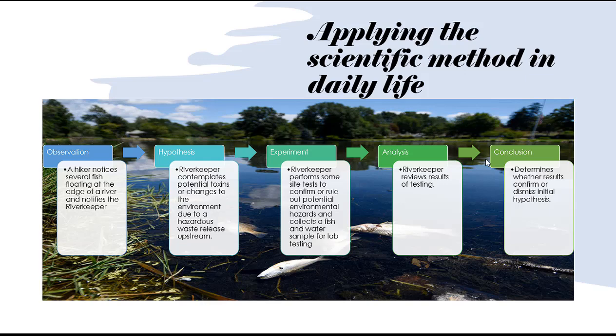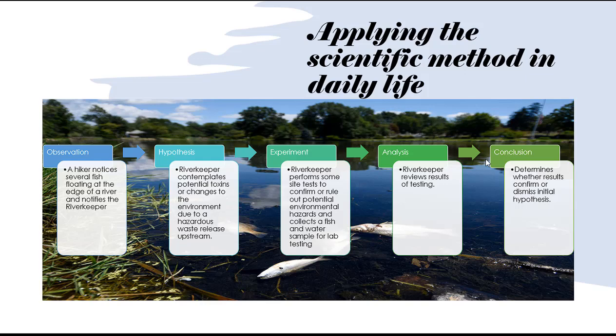So here's another example. Observation: a hiker notices several fish floating at the edge of a river and notifies a river keeper. Hypothesis: the river keeper contemplates potential toxins or changes to the environment due to a hazardous waste release upstream from some sort of industrial partner.